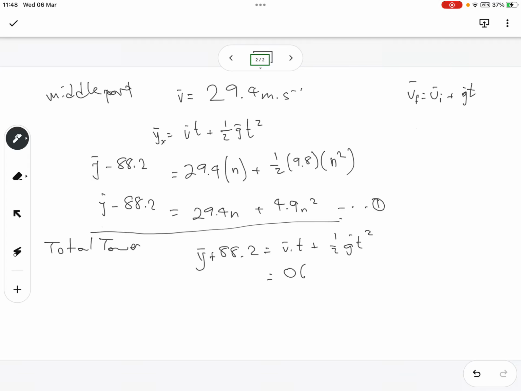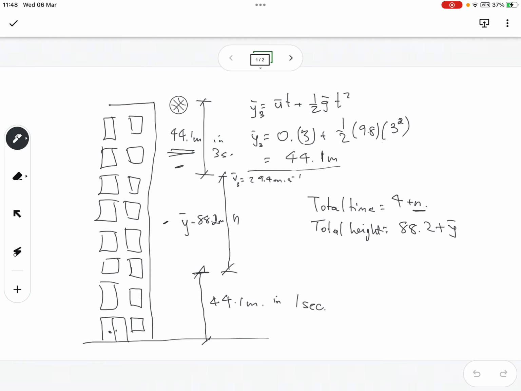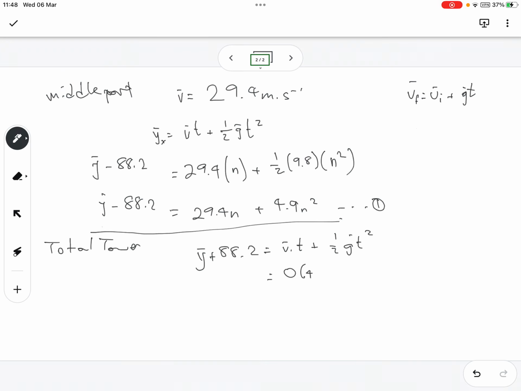That's 0. Our time is 4 plus n, the total time. So 4 plus n, plus a half times 9.8 times (4 plus n) squared.